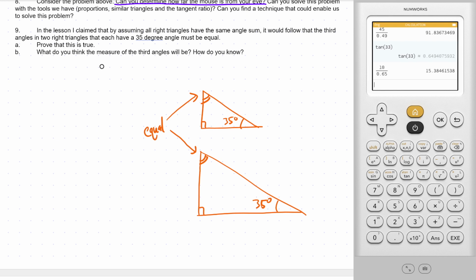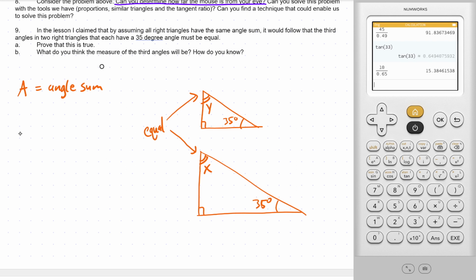Okay, and how would we prove that? Well, let's go ahead and say that A is equal to the angle sum of all right triangles. Okay, and let's call this angle here x, and let's call this angle here y. We want to prove that x is equal to y.